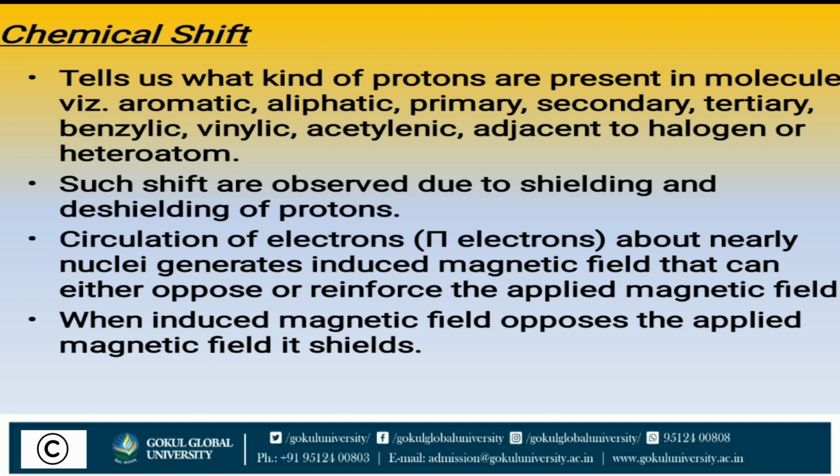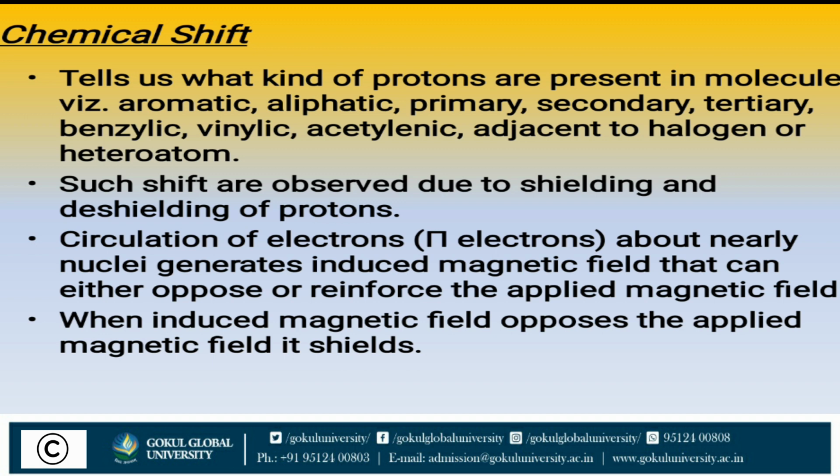Chemical shift is measured in different molecules, and it depends on what kind of protons are present in the molecule. So a molecule can have aromatic, aliphatic, primary, secondary, tertiary, benzylic, vinylic, acetylenic protons, or protons adjacent to halogen or heteroatom.